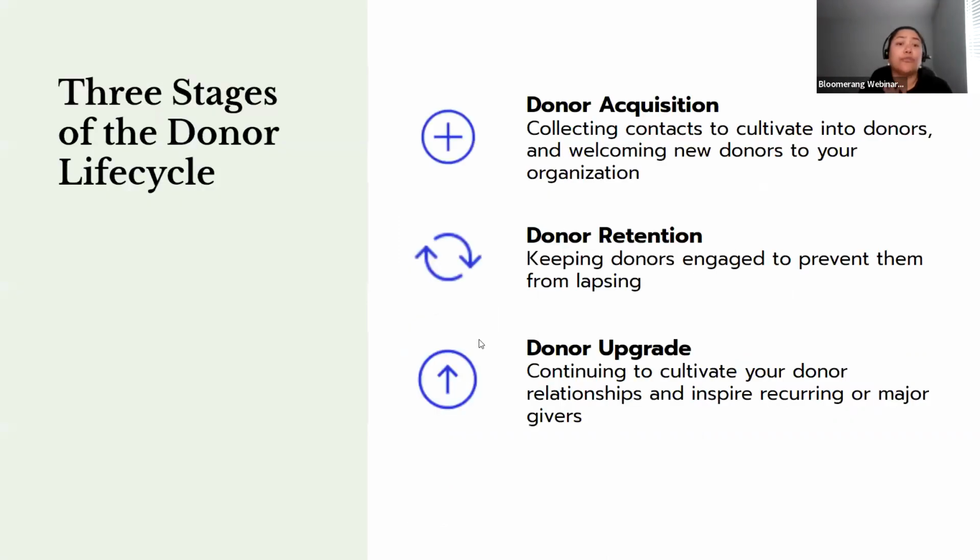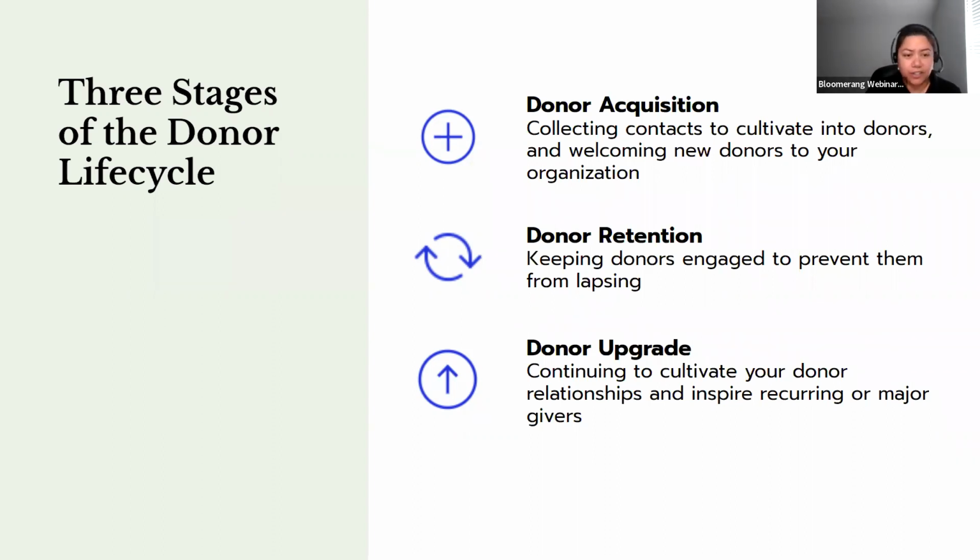Now, let's take a look at the 3 stages of the donor life cycle. So from that linear model, we were able to see the 3 stages of the donor life cycle. And as you engage with your donors, creating lifelong givers is what you're striving for. We have donor acquisition, which is collecting contacts and cultivating them into donors and welcoming new donors into your organization.